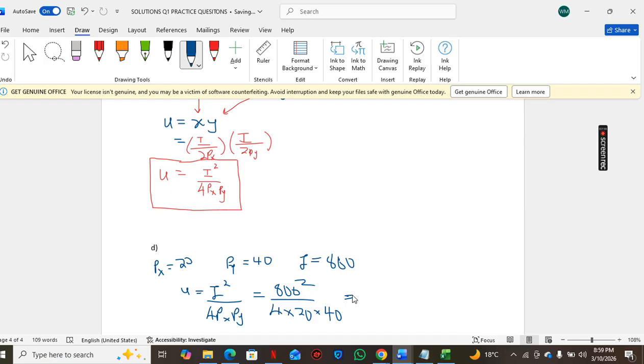800 squared, 800 times 800, 640,000, over 4 times 20 times 40, 3,200.